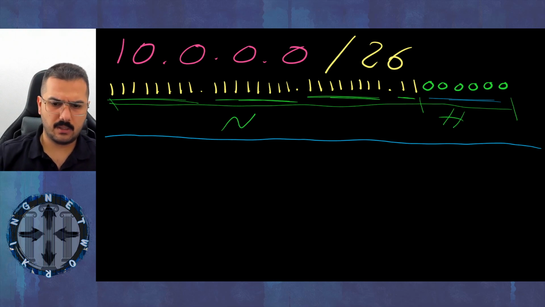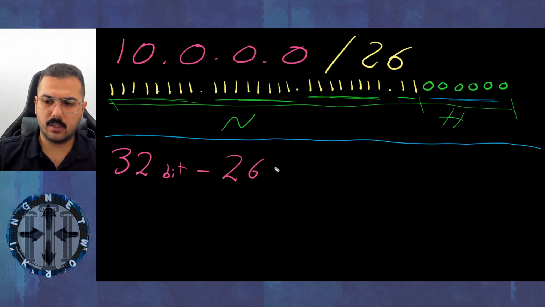Step number 2 was, if I remember correctly, 32 bits minus 26 bits of the subnet mask equals 6, resulting in 2 to the power of 6, which equals 64.